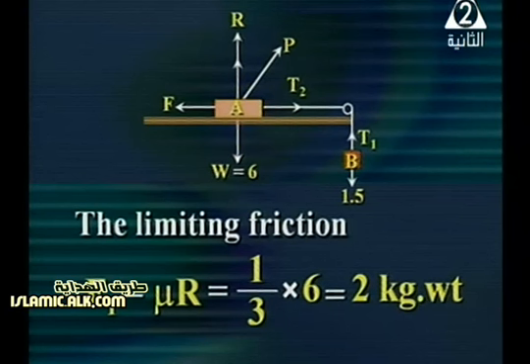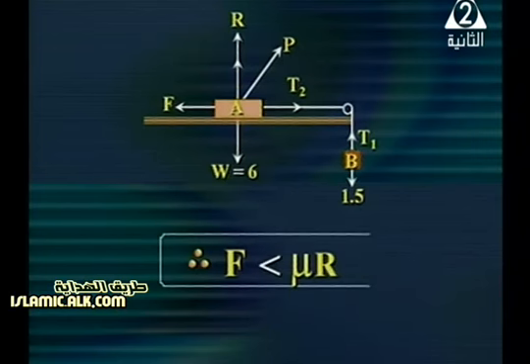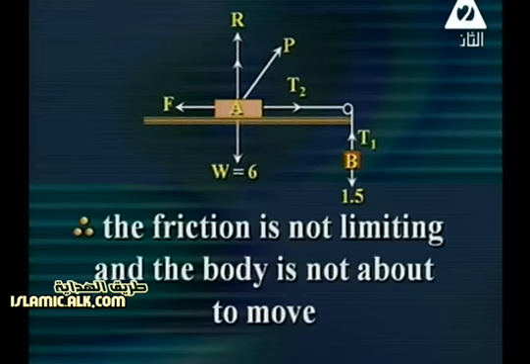Remember, dear student, we compare this force with the 1.5 tension. Tension T2 equals 1.5, but the limiting force mu R equals 2 kilogram weight. Then what do we deduce? F is smaller than mu R. The friction is not limiting and the body is not about to move. Why?